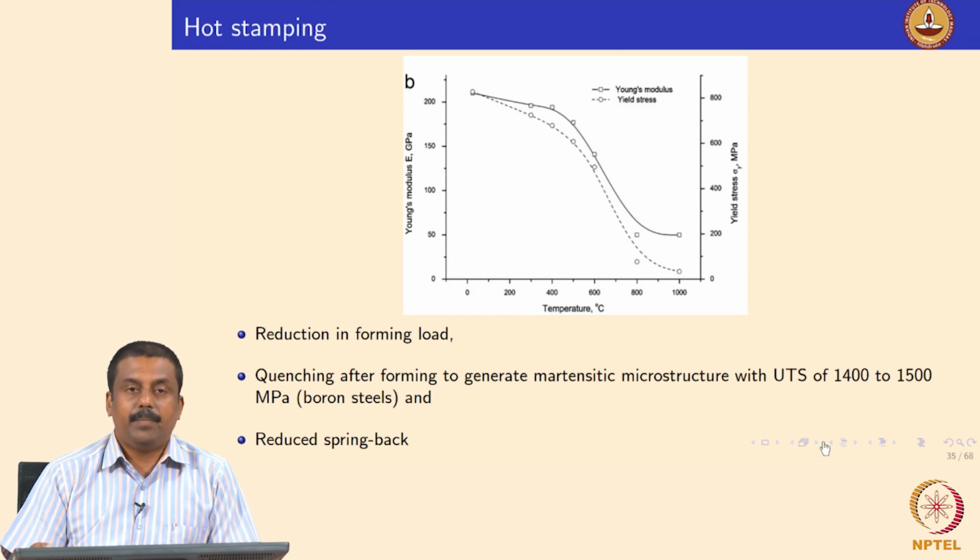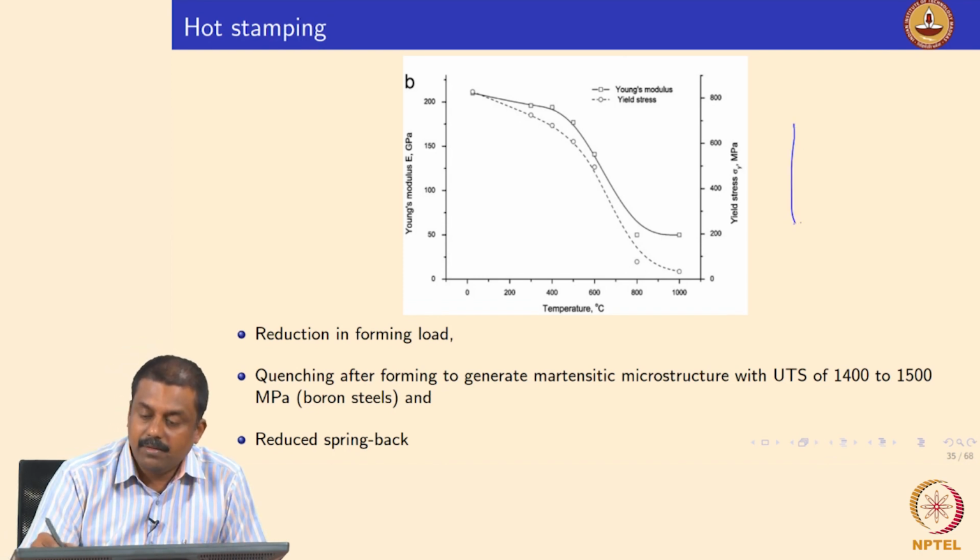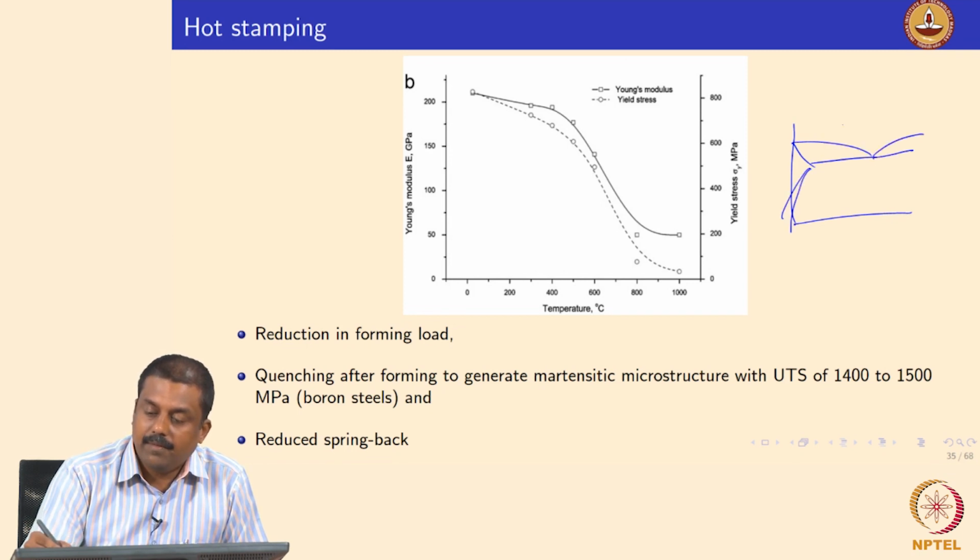In the hot stamping case, we do not deform at room temperature, but we deform in the austenitic condition. We heat up the sheets to high temperatures and transform the microstructure into fully austenitic regions. In the eutectoid region of the iron-carbon phase diagram, we have austenite, and this is the intercritical region we saw in the previous slides.